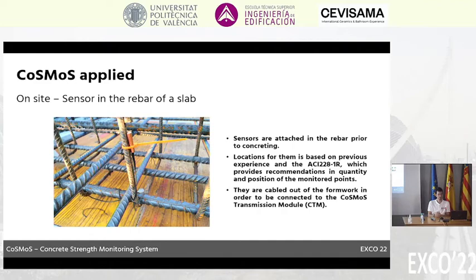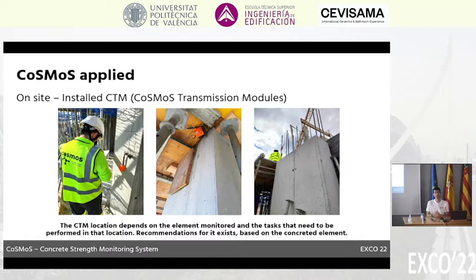Once we have the sensor located in there, we just cable it out of the formwork, so we are able to install the monitoring device, the data transmission device. The data transmission device, which we call the CTM, the CoSMoS transmission module, is the thing that you connect the sensor to and start sending the data out to the internet.